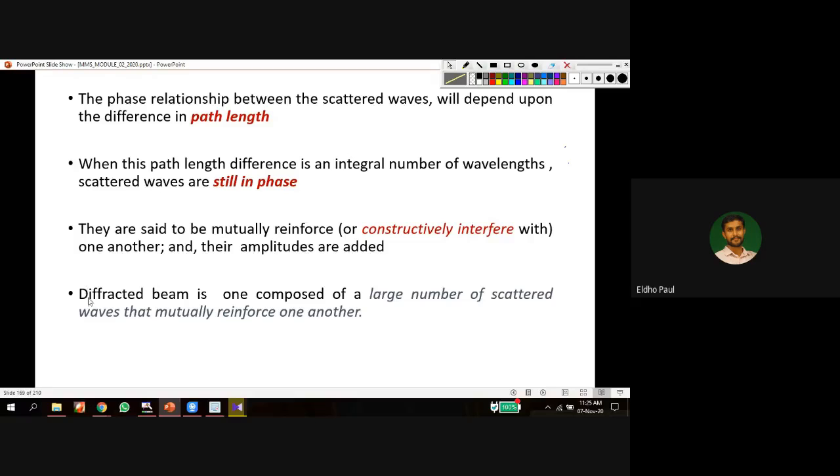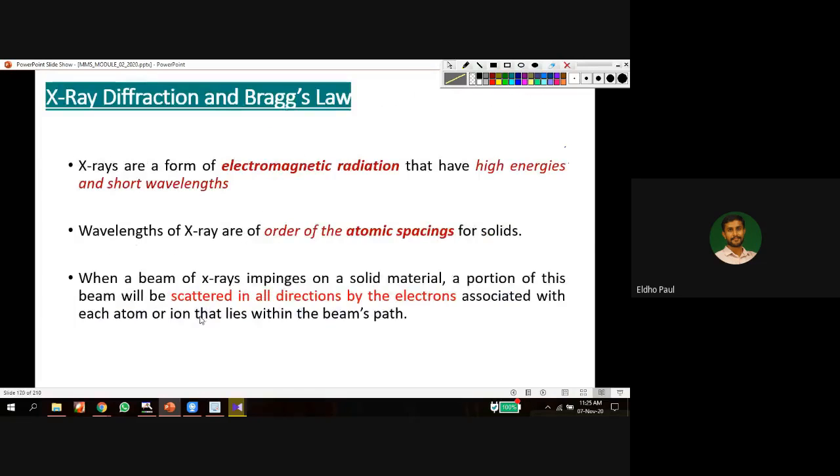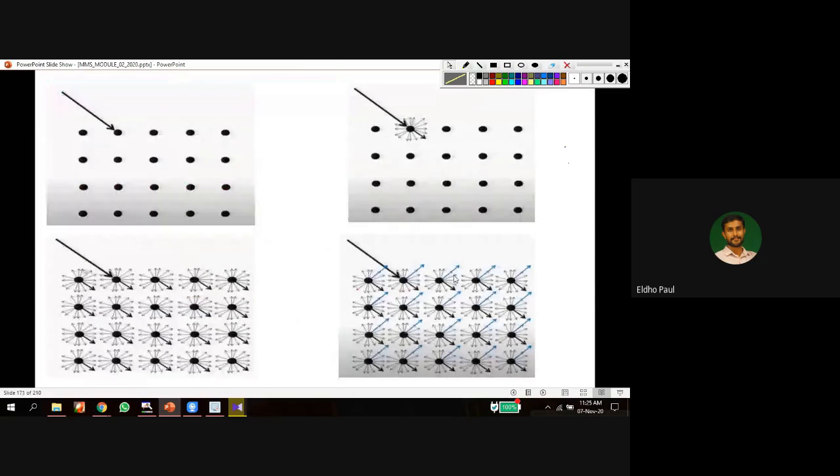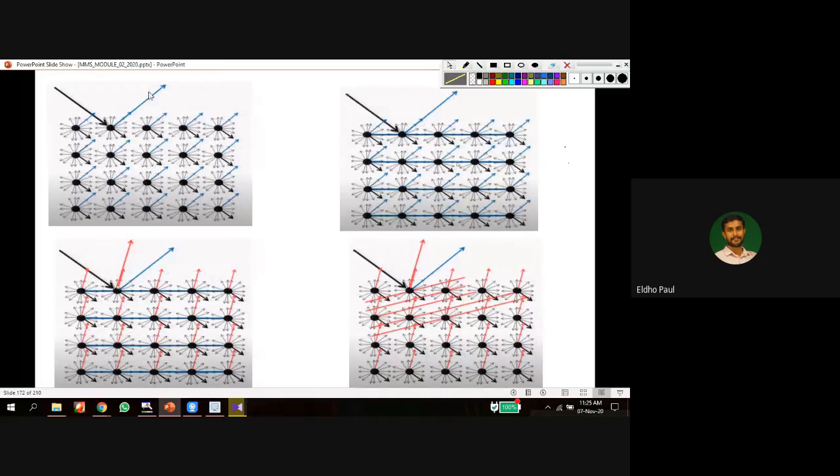So in this way, we get a diffracted beam. Similarly here, all the scattered beams in blue are in the same phase and constructively interfere, resulting in a higher magnitude, reinforced amplitude diffracted beam.